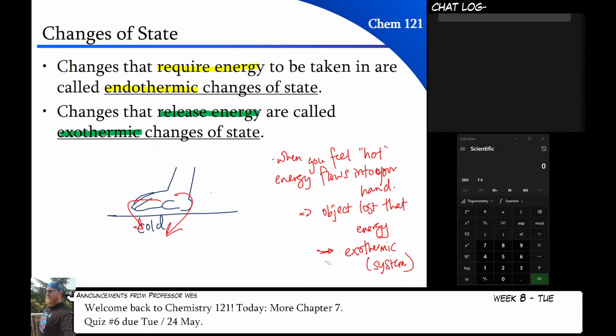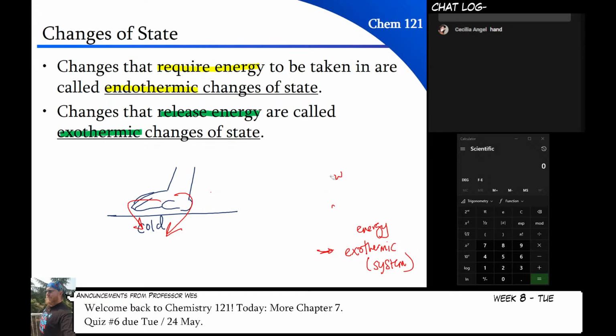And so now what happens is that when you feel cold, we'll just erase all these things here. When you feel cold, the energy is flowing out of your hand and into the object.